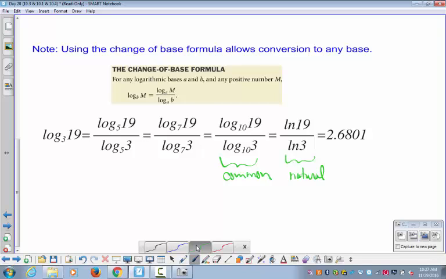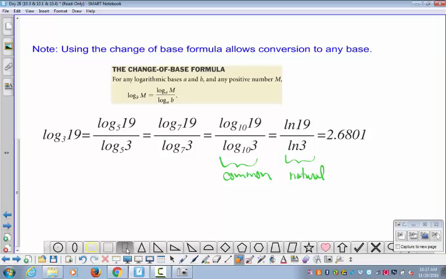So you can switch to any base you want. The argument is always in the numerator, and the base is always in the denominator, and then you can choose whatever base you want all the way across. This, again, is the most common one to choose. But those ratios are all the same. Doesn't matter which base you pick. They all will give you 2.6801, etc.